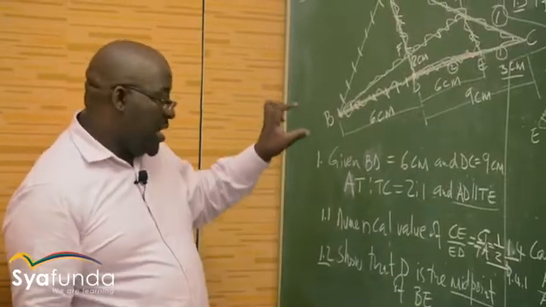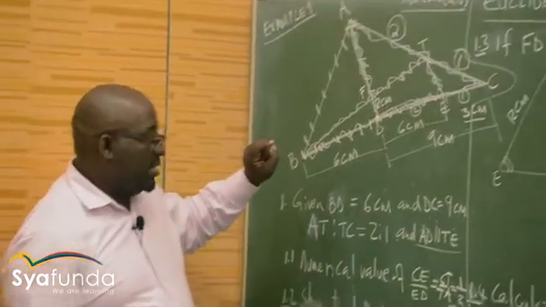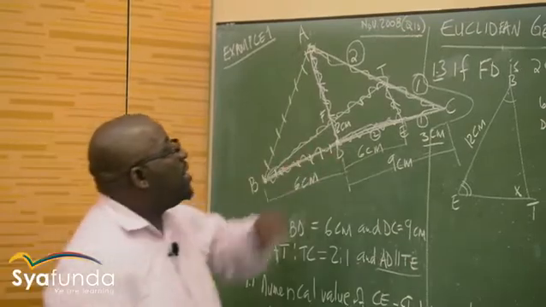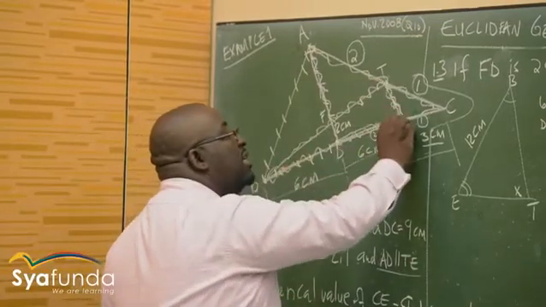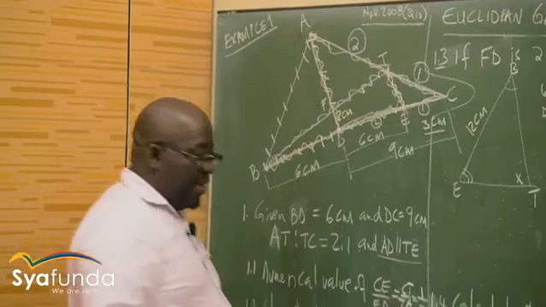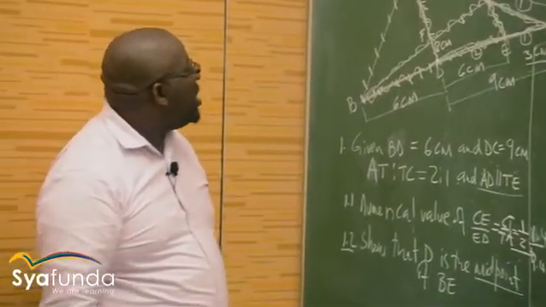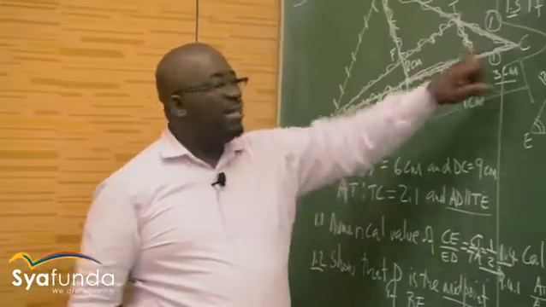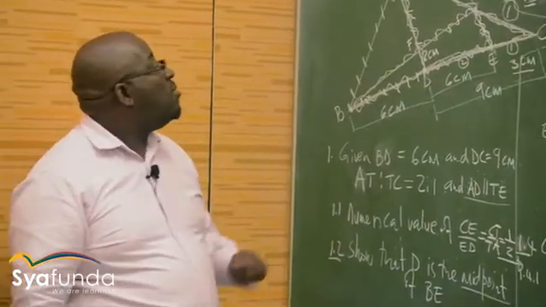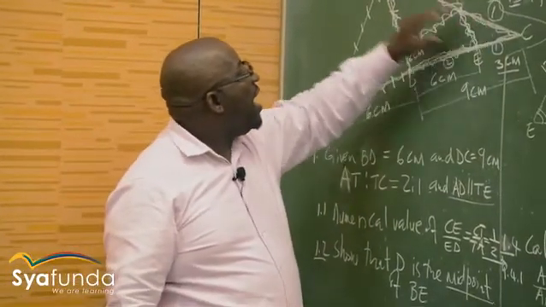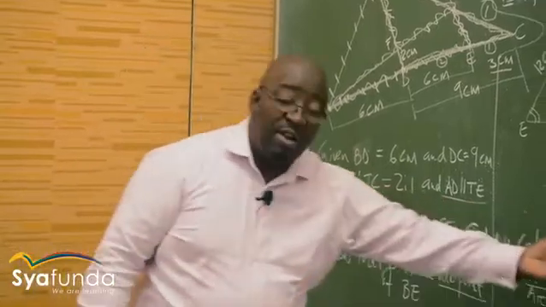TEC is this small one. And the area of triangle ABC. We are comparing this area and that area. We want to find the numerical value of it.